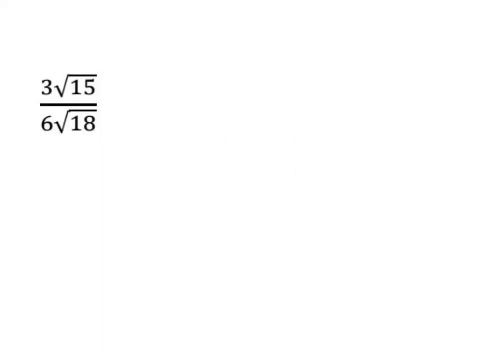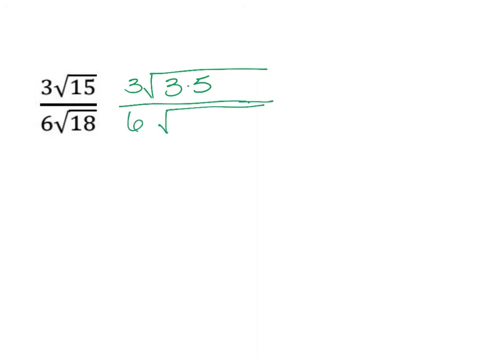All right, last one. Now, this one's a little more challenging because we have to divide first. So I'm going to stretch this out. So this would be 3 times 5. Then in the denominator, 2 times 3 times 3.